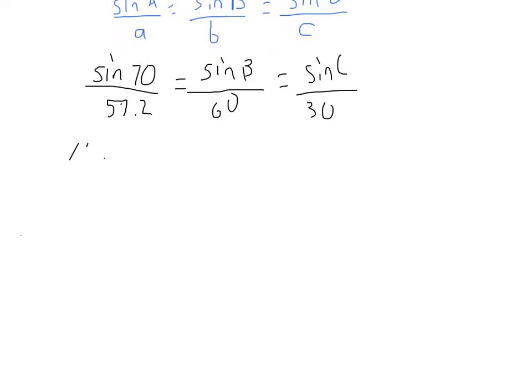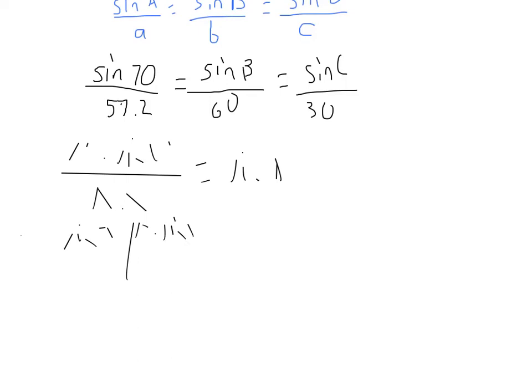60 times the sine of 70, all divided by 57.2 is equal to the sine of B. To find B, we just take the inverse sine of 60 times sine of 70 all over 57.2.